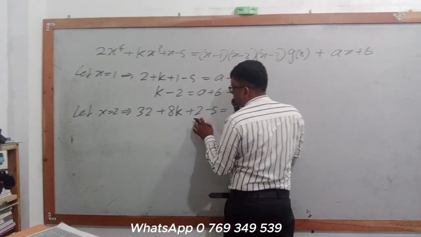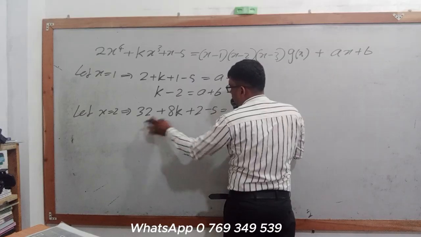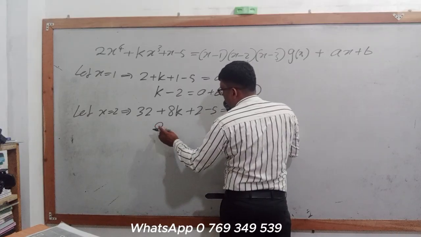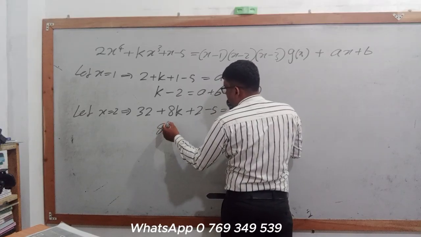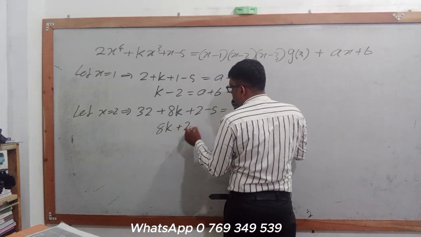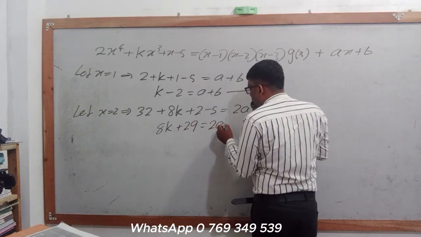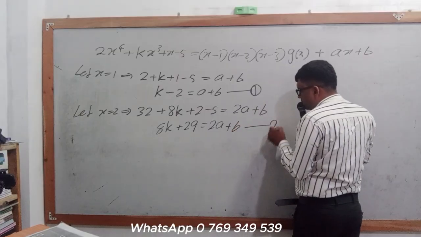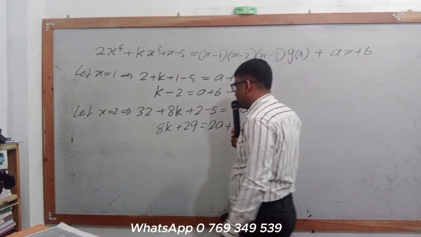So 32 minus 3 is 29, 8k plus 29 equals 2a plus b. This is equation number 2.